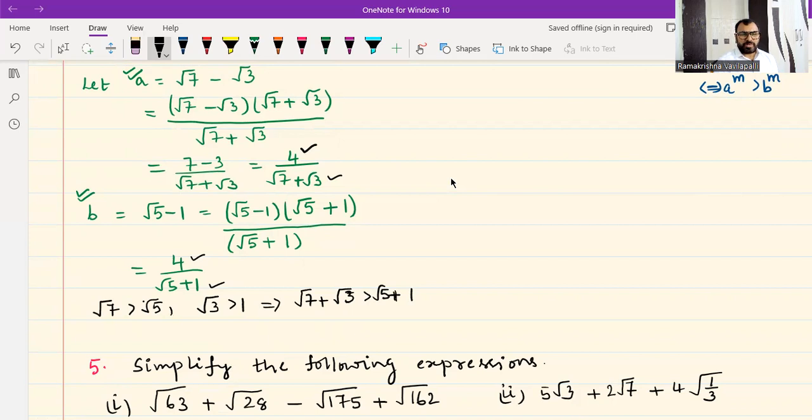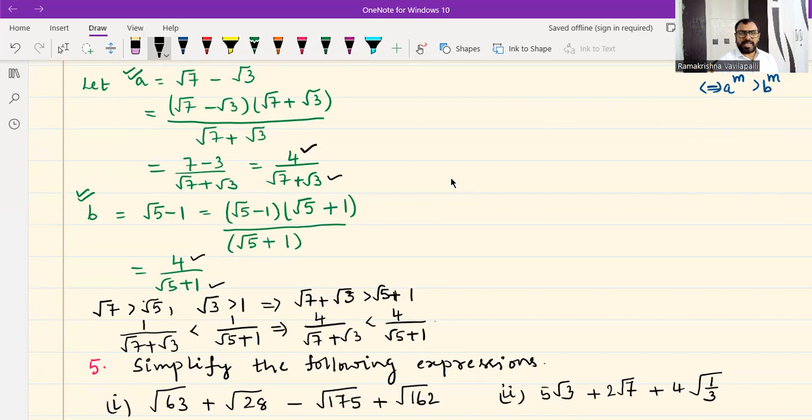So now you take the reciprocal: 1 by root 7 plus root 3 becomes less than 1 by root 5 plus 1. Multiply with 4: 4 by root 7 plus root 3 is less than 4 by root 5 plus 1.